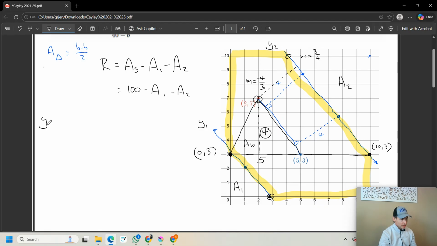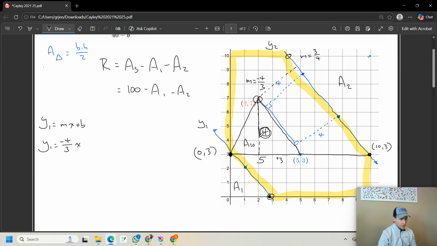So Y1 equals mx plus b. All lines have the form mx plus b, with some notable exceptions. Then Y1 is equal to, we know the slope, it's -4/3. We know the gradient because it's parallel to this line that has the gradient -4/3.